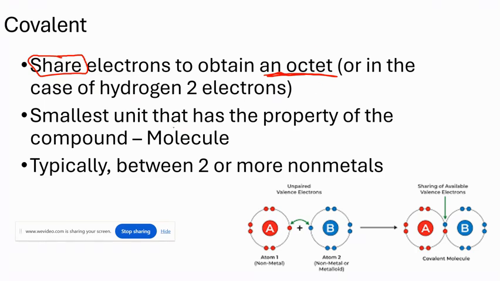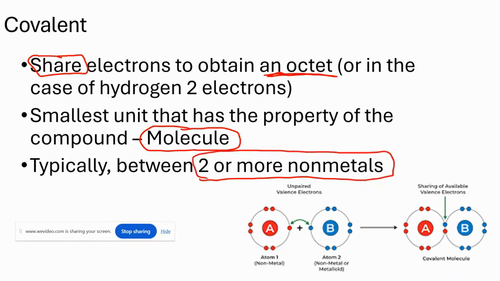The smallest unit of a compound that has the property of that compound is called a molecule. And typically, these are 2 or more nonmetals bonded together to form these covalent bonds.